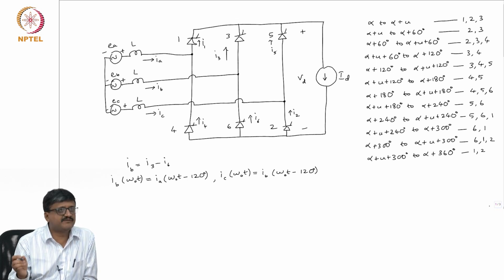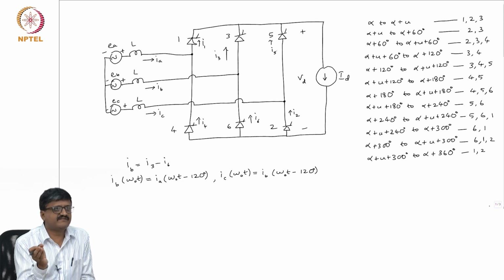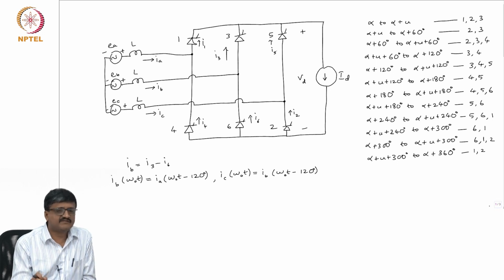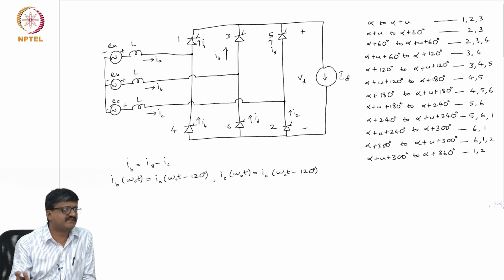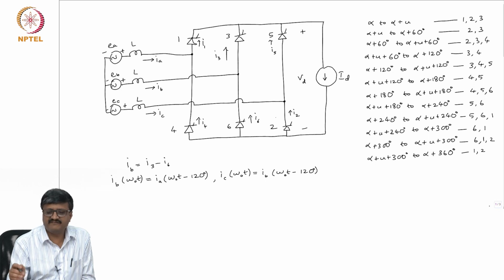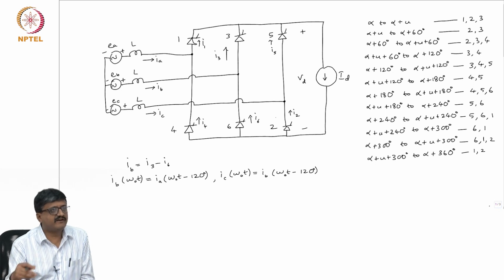There are 6 voltage sources connected in series with these 6 devices, and these 6 voltage sources are identical with a phase shift of 60 degrees. So these currents are also identical with a phase shift of 60 degrees. The sequence of turning on is 1, 2, 3, 4, 5, 6. The numbering is in the order of turning on.